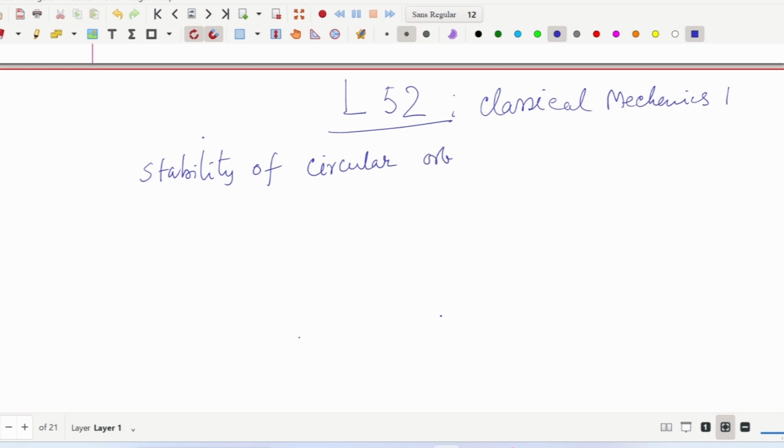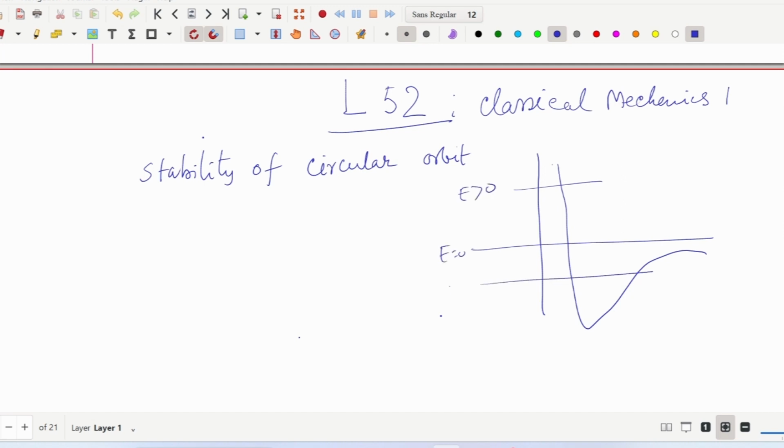So, in the last class we have seen that by plotting U effective for a particular problem with various energies, for example E greater than 0, E equal to 0, E less than 0, and E equal to the minimum of U effective, we discussed qualitatively what the possible trajectories will be.